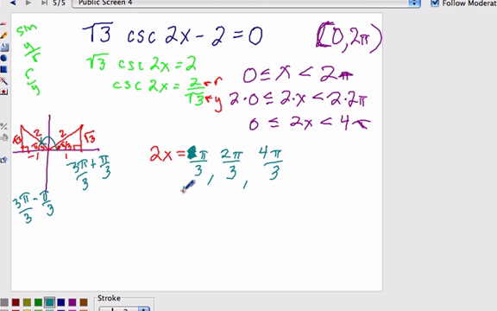Okay, so I'm essentially adding 2 pi to this. And I can do the same thing here, find out what if I went all the way around and back to this reference triangle, I'd be adding 2 pi to 2 pi over 3. Okay, and so that's going to be 3 pi plus 2 pi is 5 pi over 3. 5 pi over 3 is still less than 4 pi.